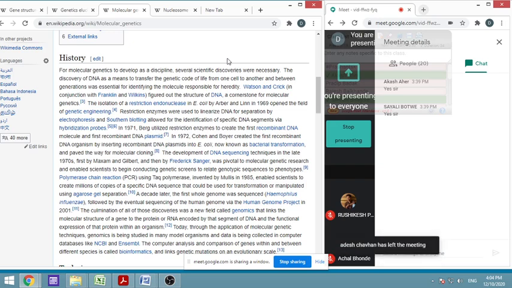Later the whole genome was sequenced, and then there was the eventual sequence of the human genome. The Human Genome Project was a very big project, actually carried out in 2001. Those who are interested can go through it and read about the Human Genome Project: how many genes are there, what genes are coding, what is the importance of that, what kind of various proteins can be formed.